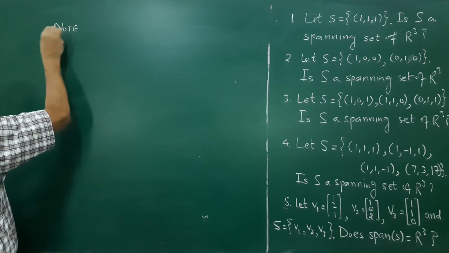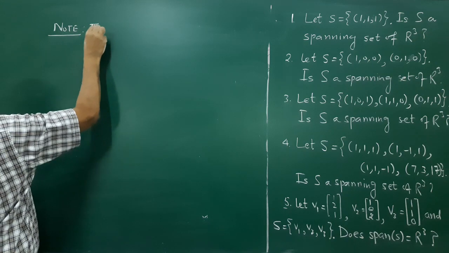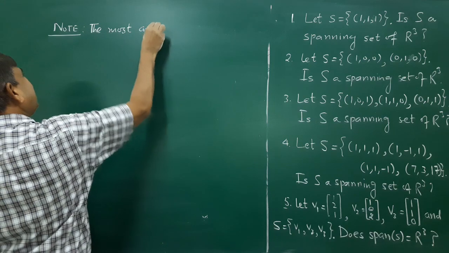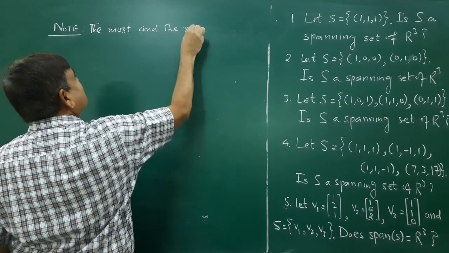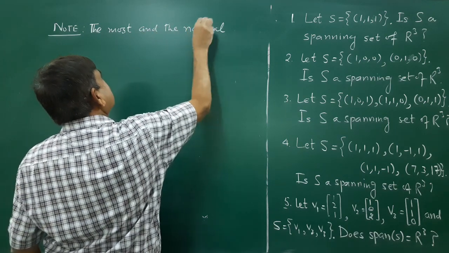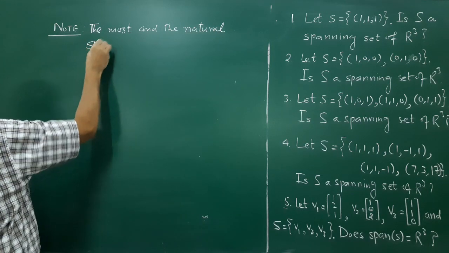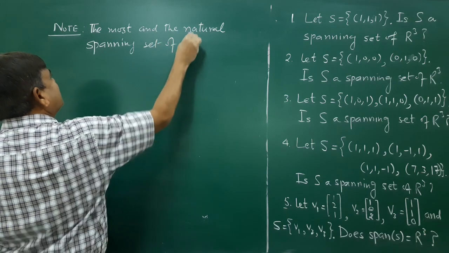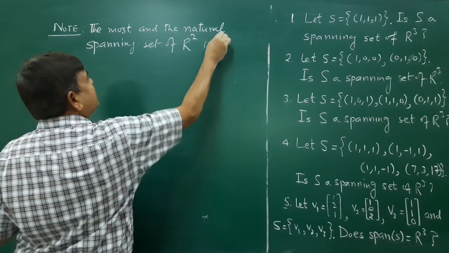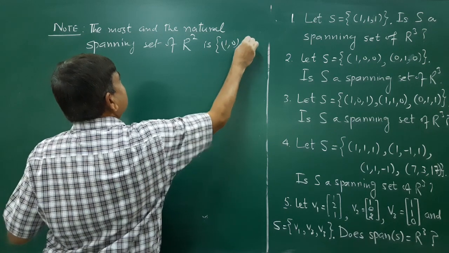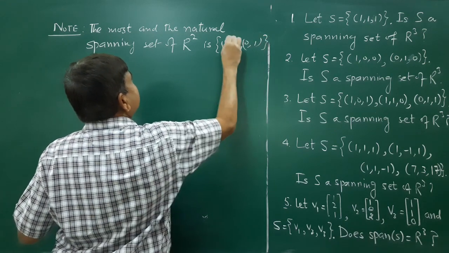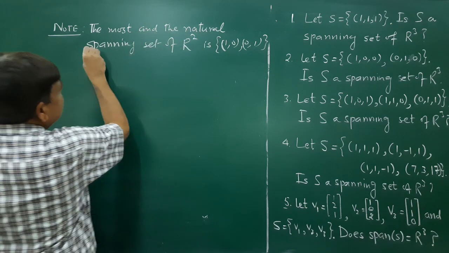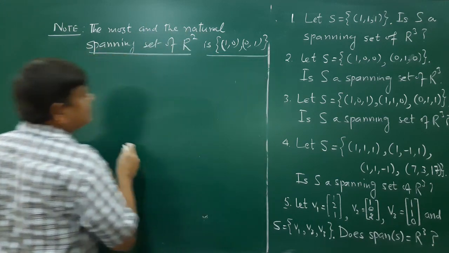Note, the most natural spanning set of R square is (1, 0), (0, 1). Why?